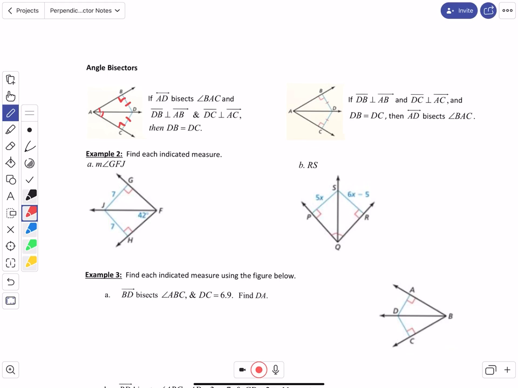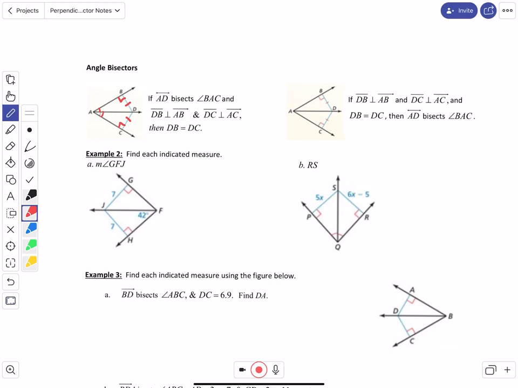So three things are happening. We've got congruent angles, and we've got two parts that are perpendicular. We also have the converse.